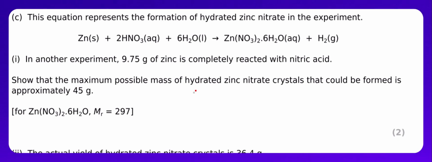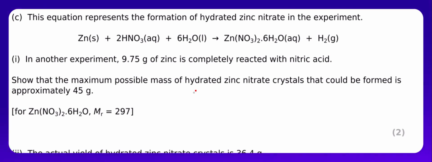Part C. This equation represents the formation of hydrated zinc nitrate in the experiment. And of course, you see, it's going to have water of crystallization. That is why we say it's a hydrated salt. So in another experiment, 9.75 grams of zinc is completely reacted with nitric acid.